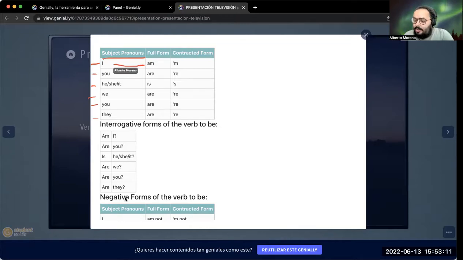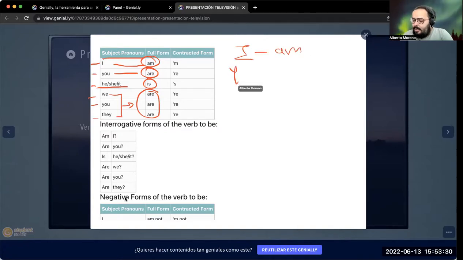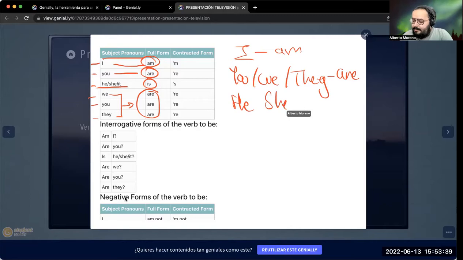We're going to use am only with I. We're going to use are with you. We're going to use is with he, she, and it. And we're going to use are with we, you, and they. Okay, so remember, I am; you, we, they are; he, she, it is, okay?